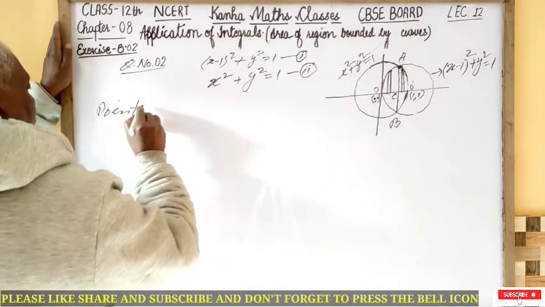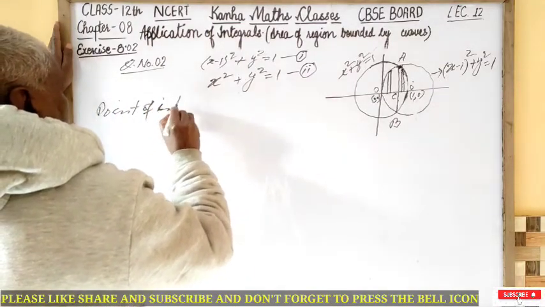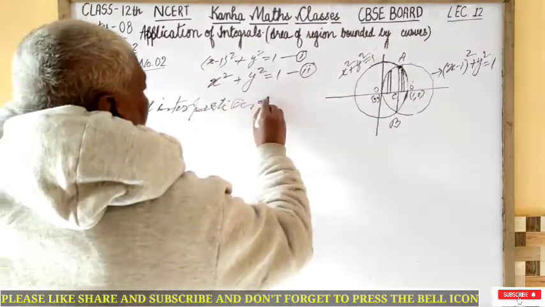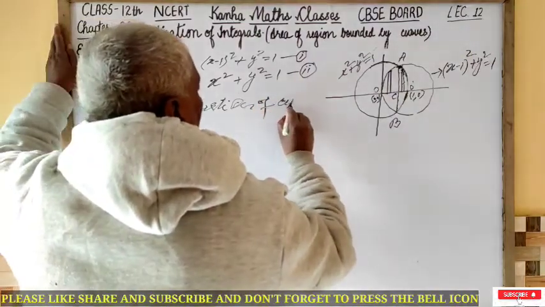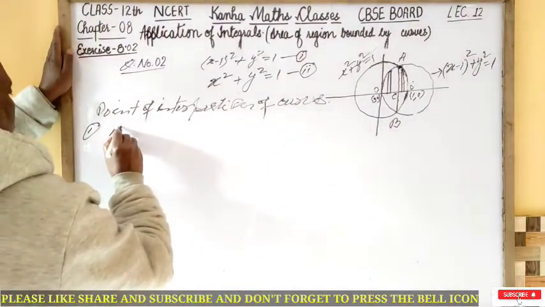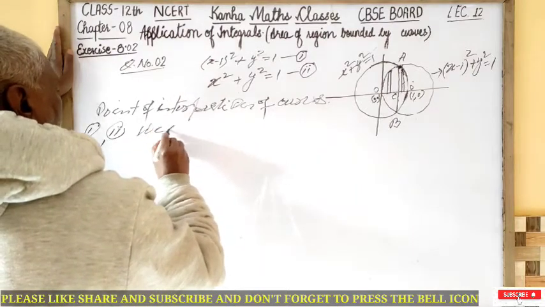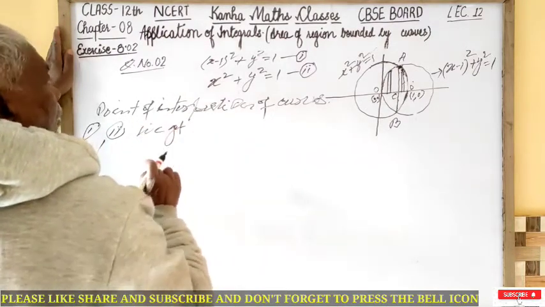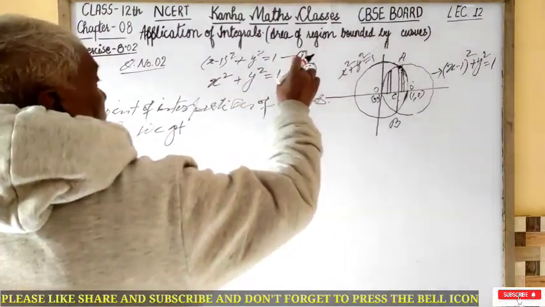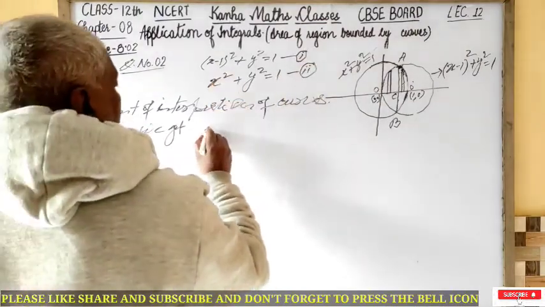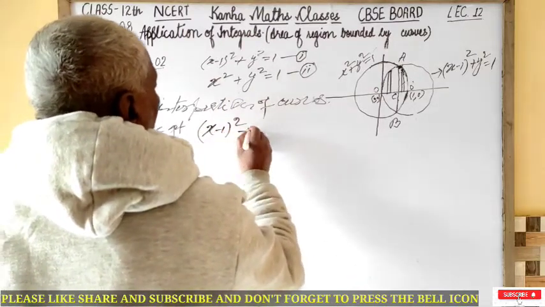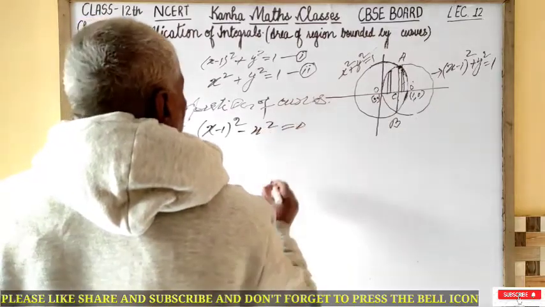Point of intersection of curves 1 and 2, we get by simplifying equation number 1 minus equation number 2, we will have (x minus 1) whole square minus x square is equal to 0.